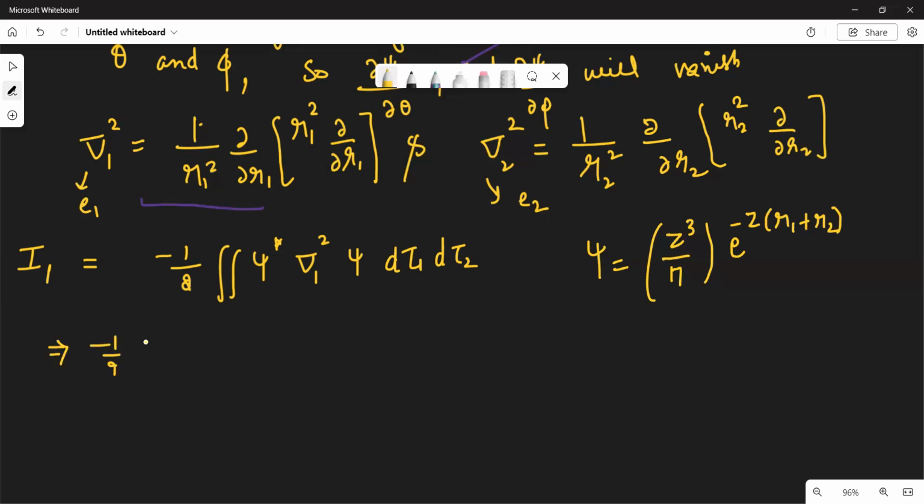Minus 1 by 2 del square, double integral, psi is Z cube by pi.